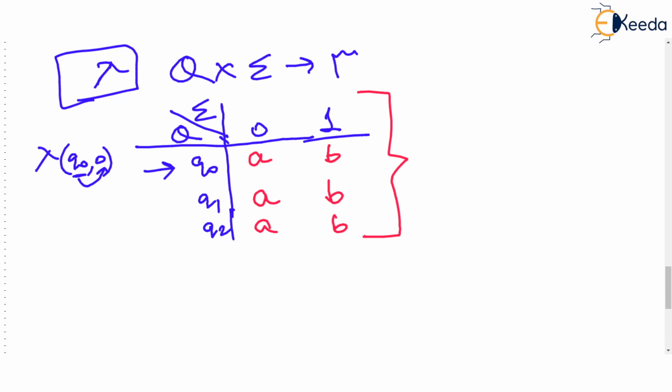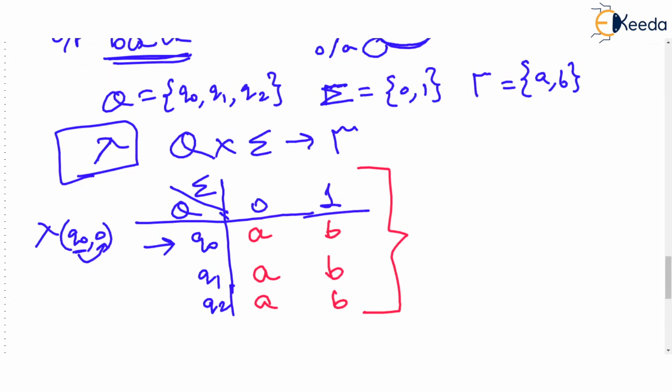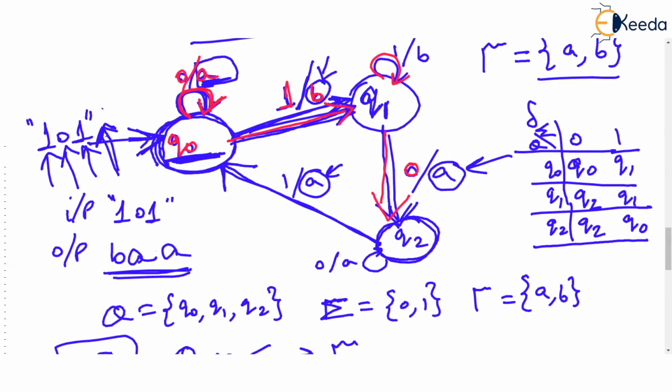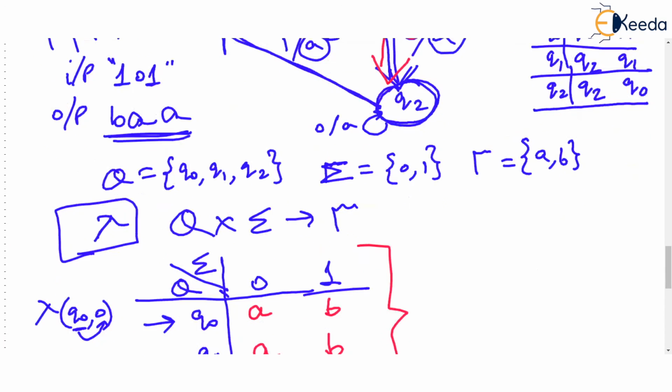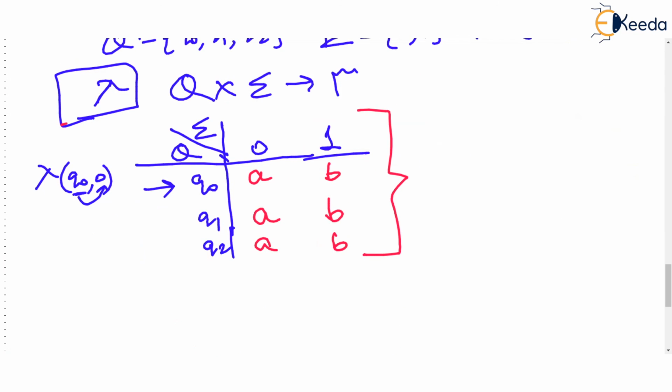And what about the last entity in the definition? The last entity is, of course, Q0, which is the initial state. So the only difference is how these two machines produce output. That's it.